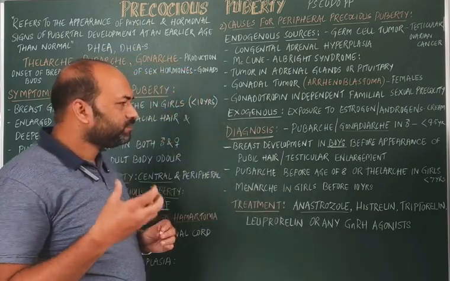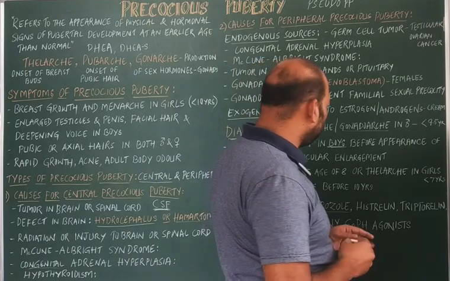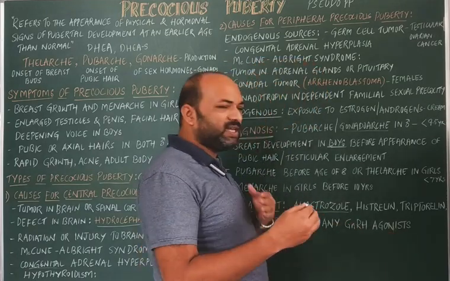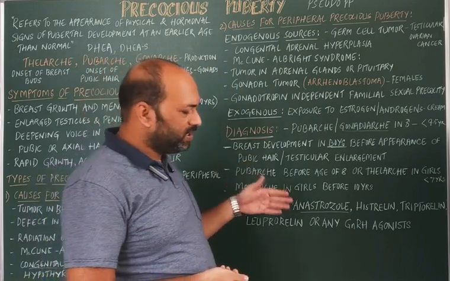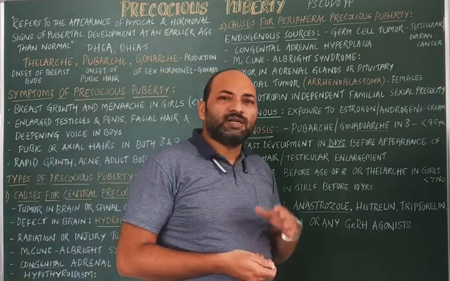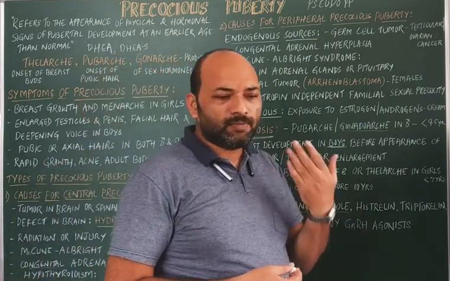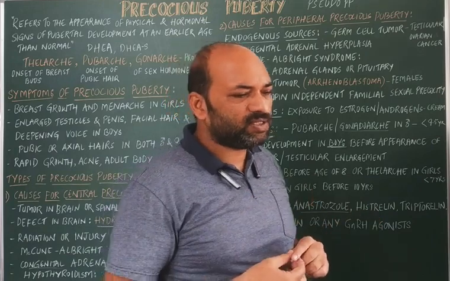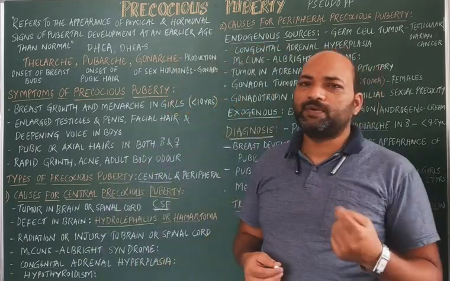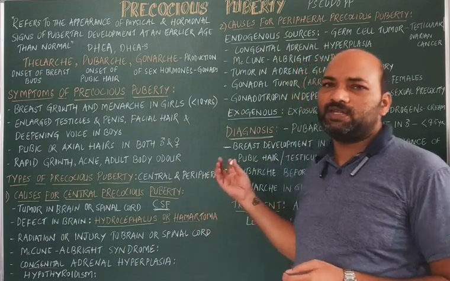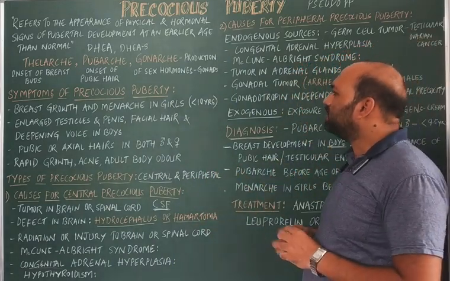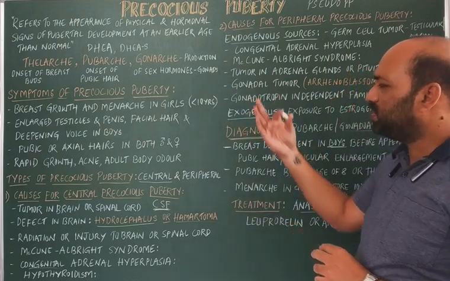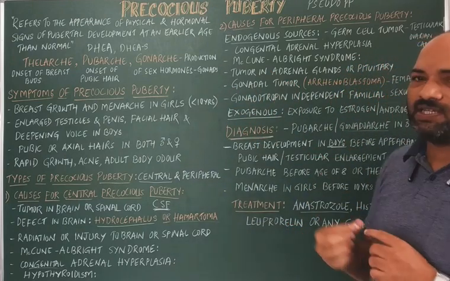And stopping the GnRH agonist may again resume the pubertal changes, which will occur within 3 to 12 months. Within 3 to 12 months, the puberty resumes in these children. Now, we have discussed the various aspects: the symptoms, causes, diagnosis, and treatment of precocious puberty.